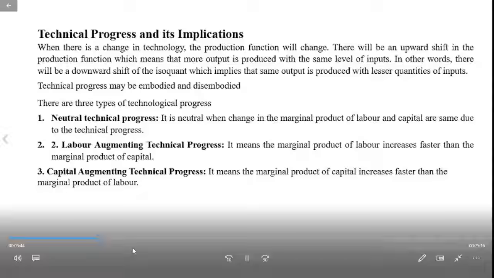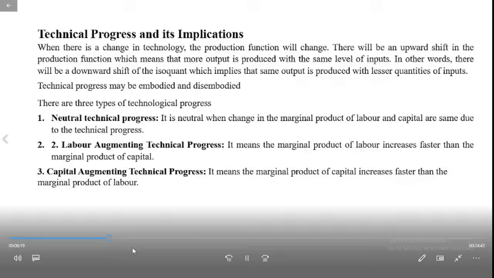So because of the new technology, of course, there is an increase in the marginal product of labor and capital, but the increase in the marginal product of labor is much greater when compared to the increase in the marginal product of capital. So that is labor augmenting technical progress, or we can save more labor when we produce the same level of output.